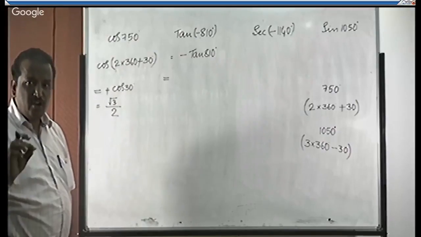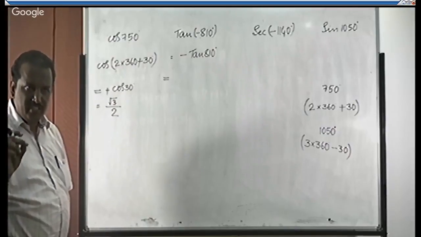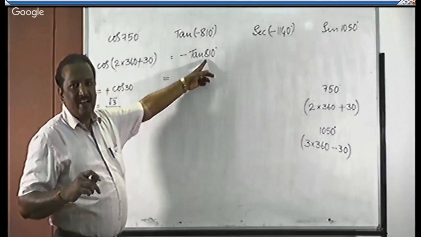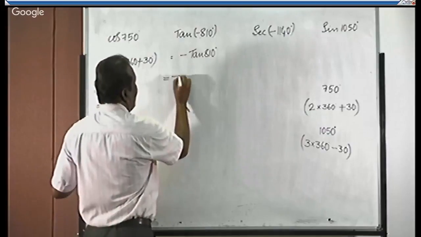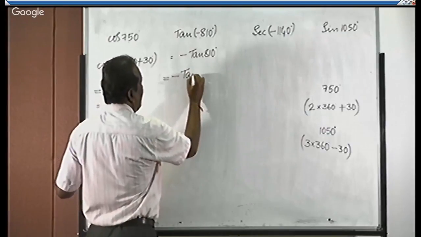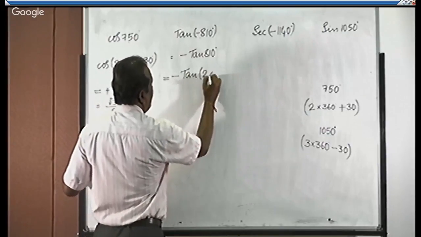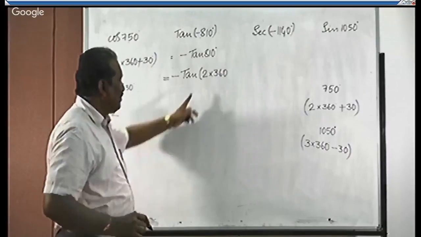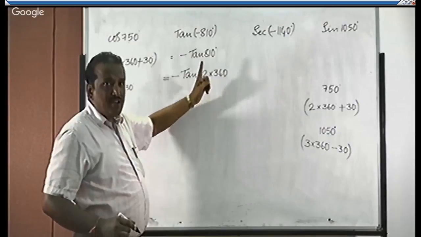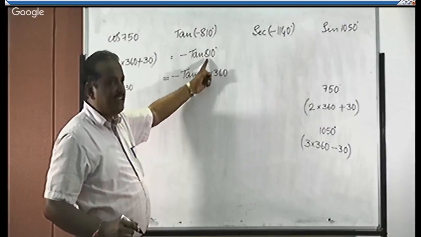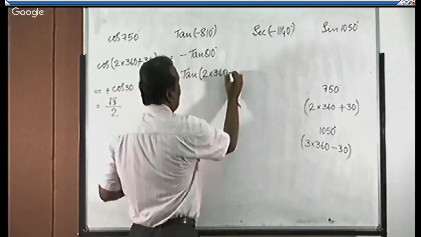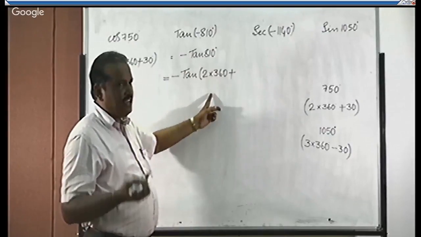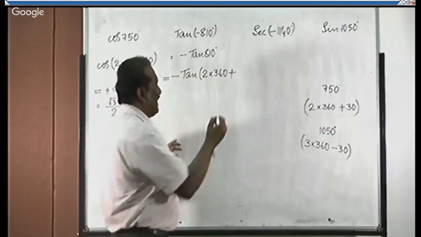It is nearer to 2 times 360, and 2 into 360 is 720. 720 is almost nearer to 810. Therefore, I just rewrite this 810 as 2 into 360, which is 720. Still it is lesser than 810. Therefore, by adding what amount will it equal 810? It is 90.